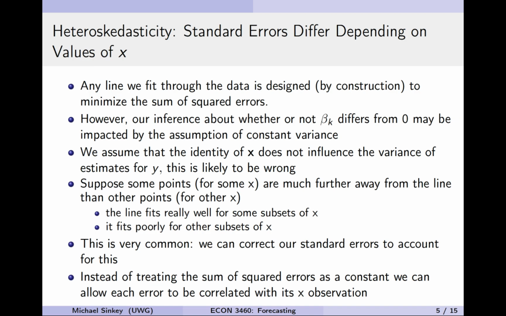And so what this will do is it will increase the amount of variation that we allow the points to have around the line by not averaging that variation across all the points.